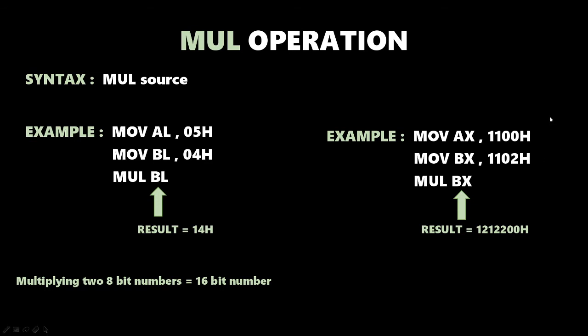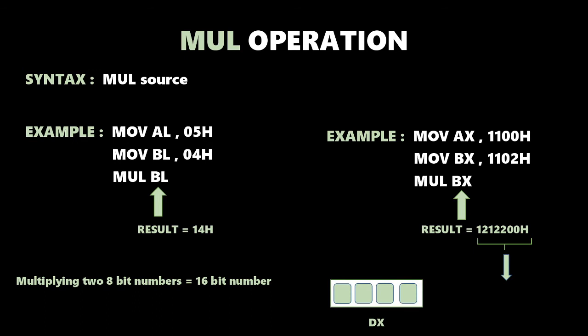Now in our 8086 microprocessor, we have maximum 16-bit registers. So how will this 32-bit number be stored? We have the DX register, which is a 16-bit register, and the AX register, which is a 16-bit register. So the last 16 bits of our result will get stored in our AX.